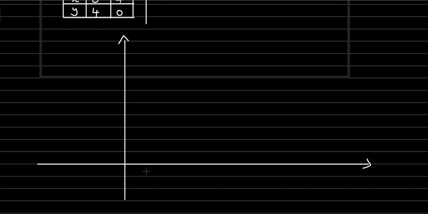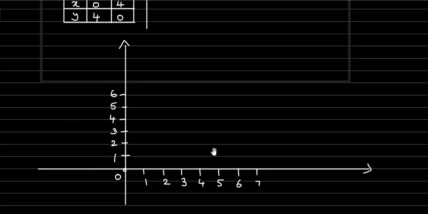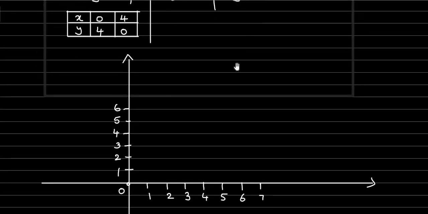If it is a proper graph, we can mark the values uniformly. Here it's tentative. So x equal to 0 line, y equal to 0 line.